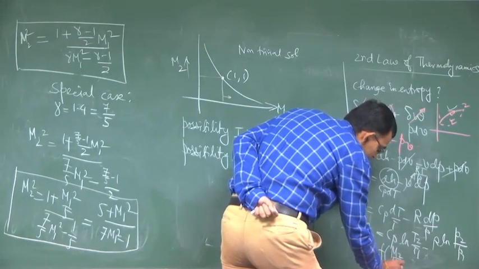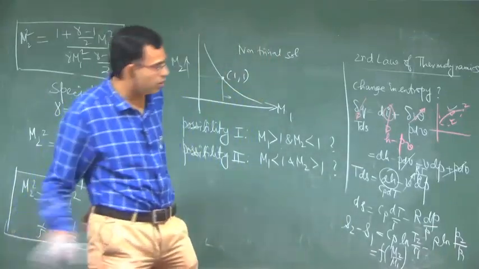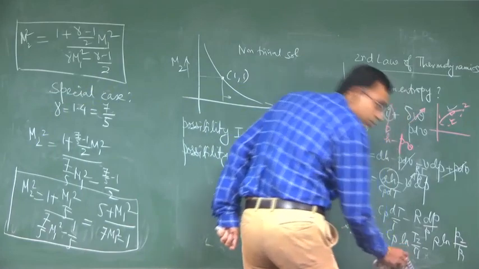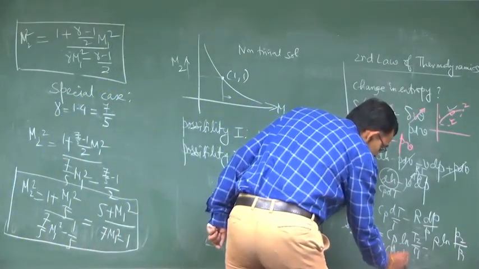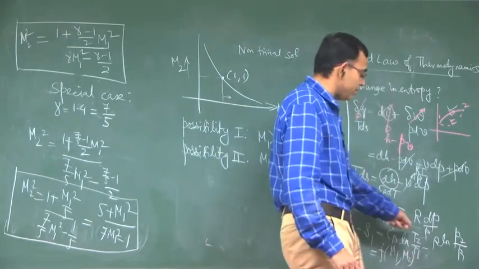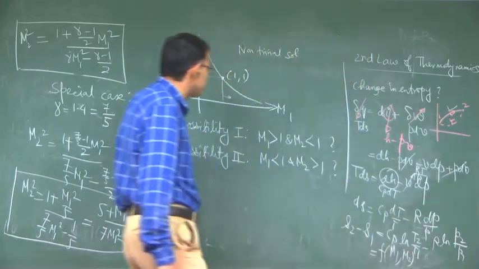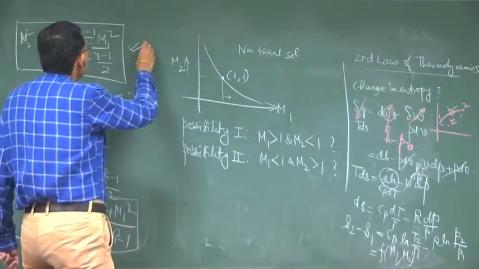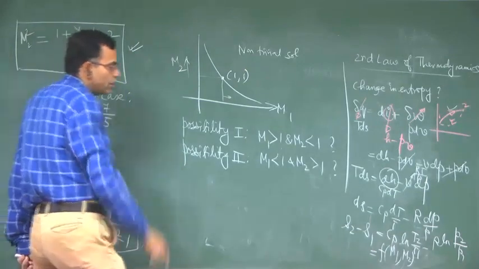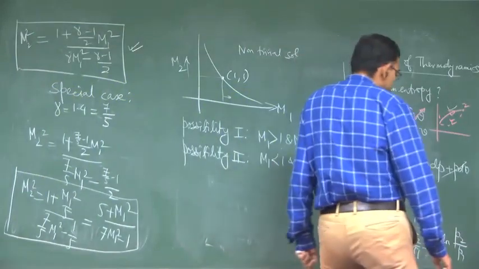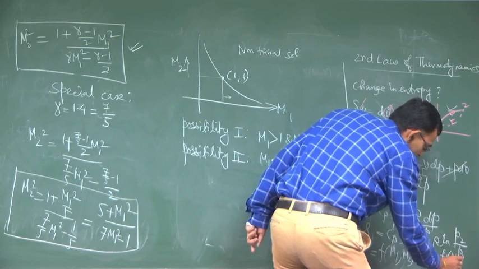M2 by M1, or a function of both M2 and M1, need not be explicitly M2 by M1, but a function of M1 and M2. T2 by T1, if you recall, is a function of M1 and M2, P2 by P1 is also a function of M1 and M2, and this equation tells us that M2 itself is a function of M1. So, this is a function of M1.